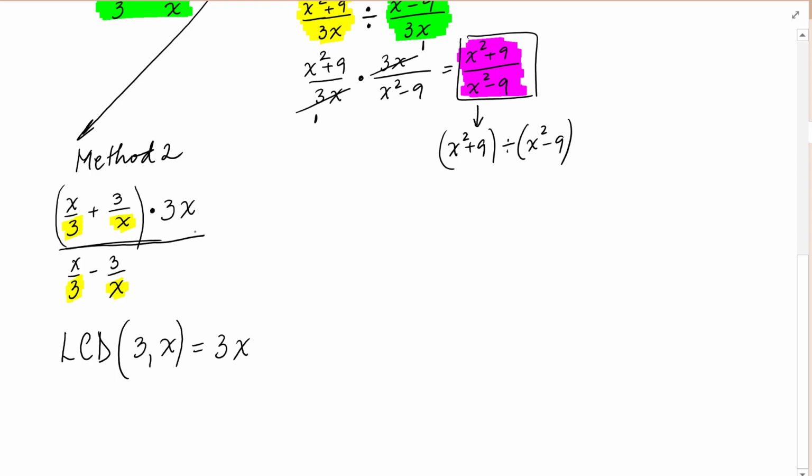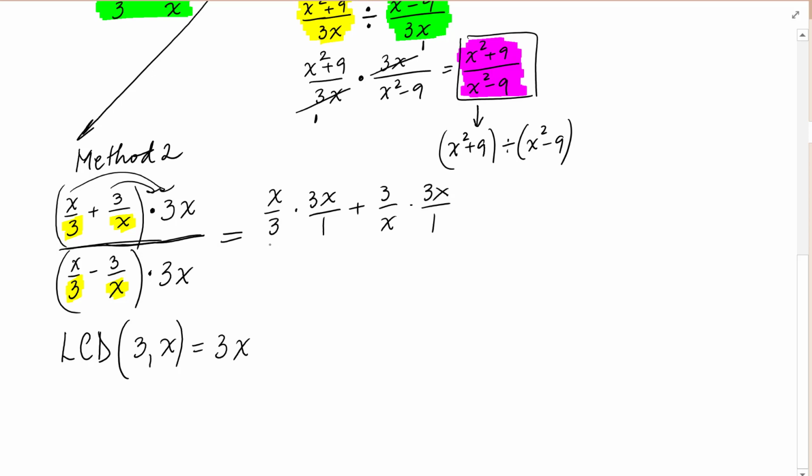Now let's multiply each numerator and denominator by the LCD. So now x over 3 times 3x, we can put over 1, plus 3 over x times 3x over 1, right? I'm multiplying this with each of them. Everything over x over 3 times 3x over 1 minus 3 over x times 3x over 1.